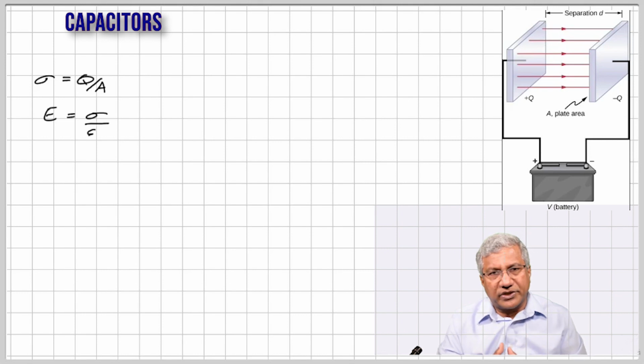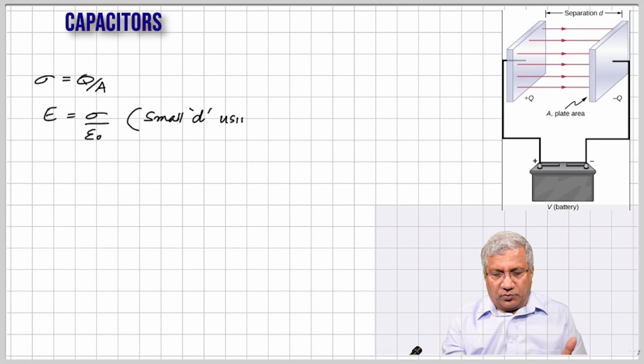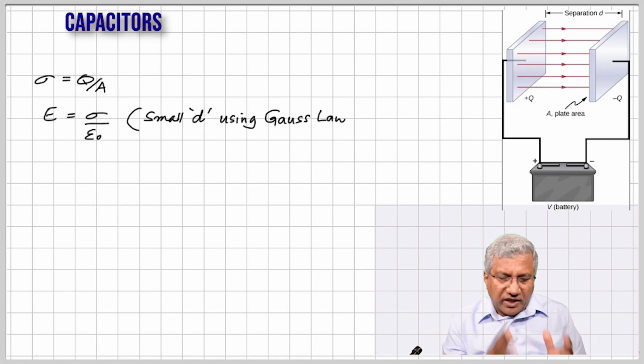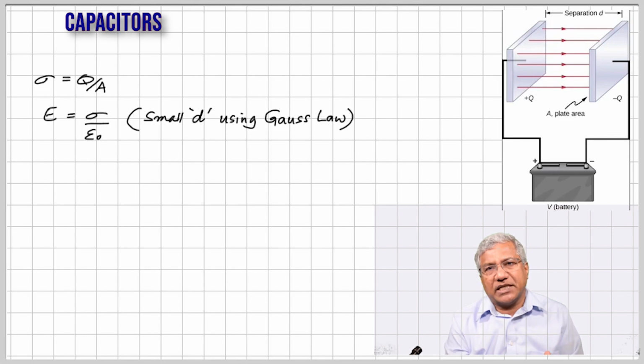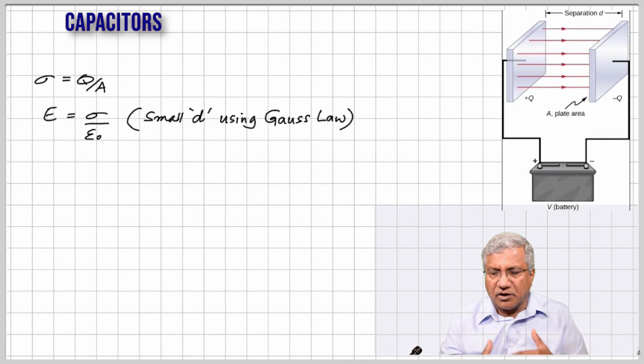We have already derived the formula that when the distance between the plates is small, the electric field is given by sigma by epsilon naught between the two plates. So E is sigma by epsilon naught. So it doesn't depend on the distance between the plates.